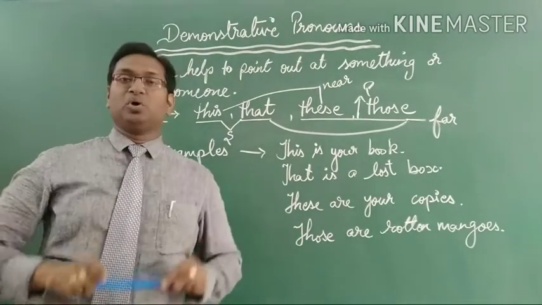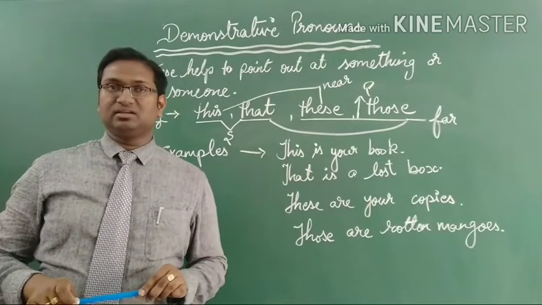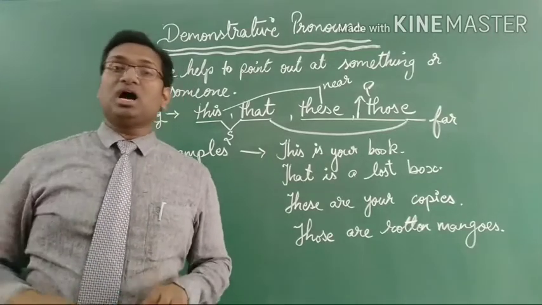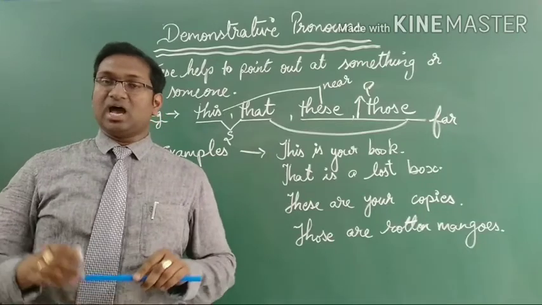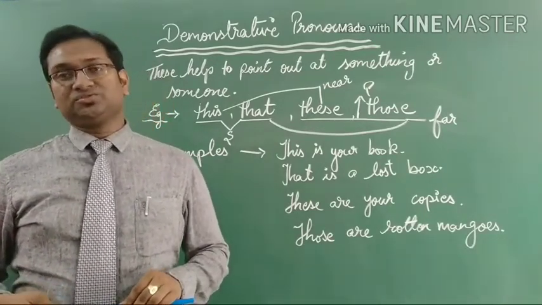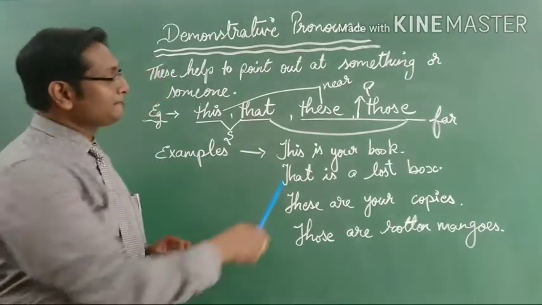Example, this book is nice. These books are nice. That book is nice. Those books are nice. So this, these are used for near, and that, those are used for far. Let's move on to the examples.